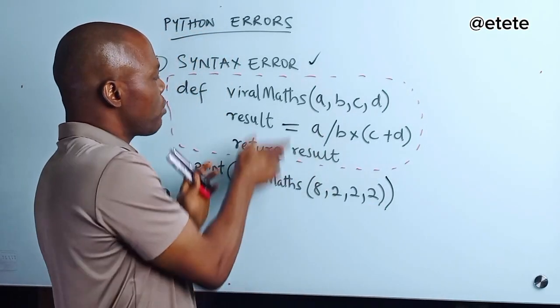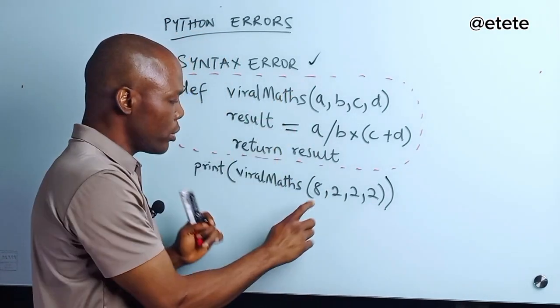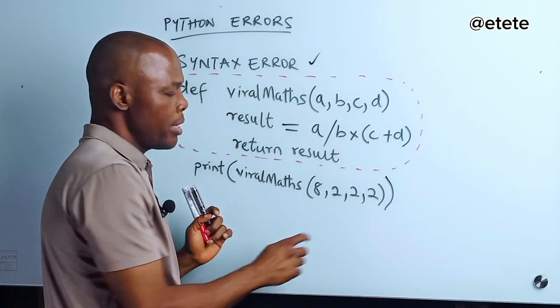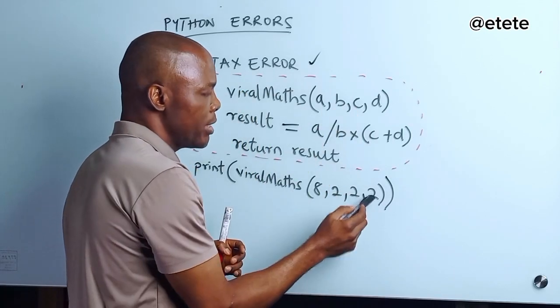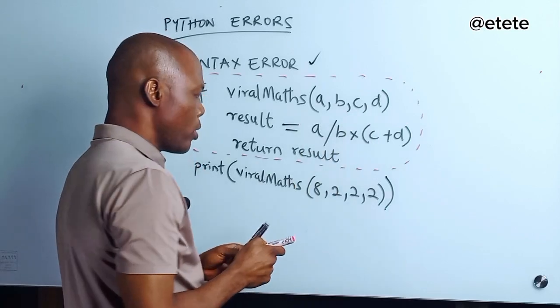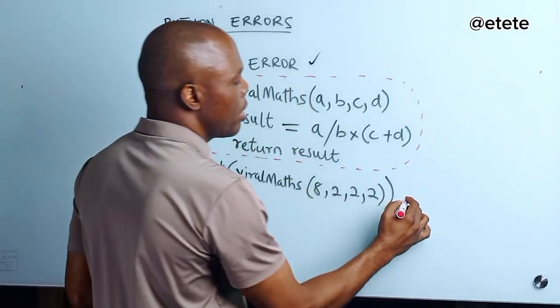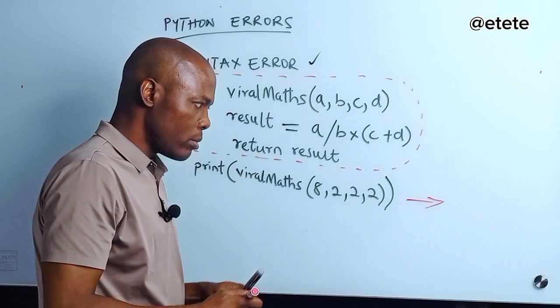Now, I'm calling this function. The moment I call this function, this 8 will be supplied to A, this 2 will be supplied to B, this other 2 will be supplied to C, and this 2 will be supplied to D. So when I execute my program, what will be my output?